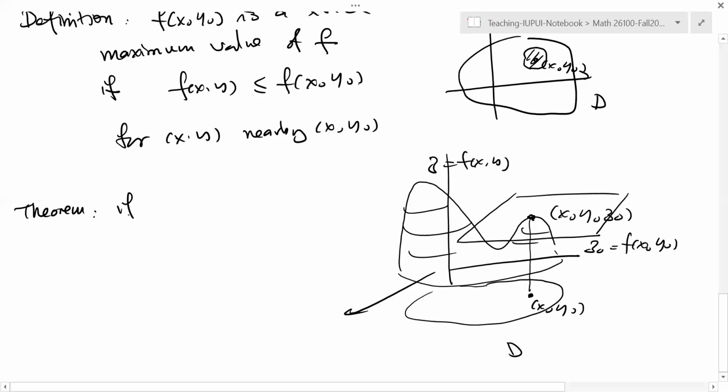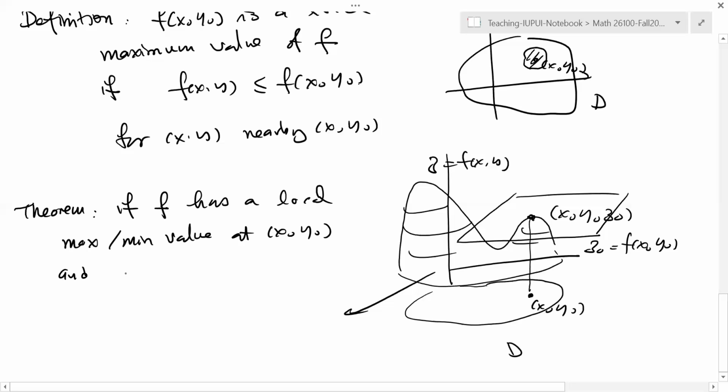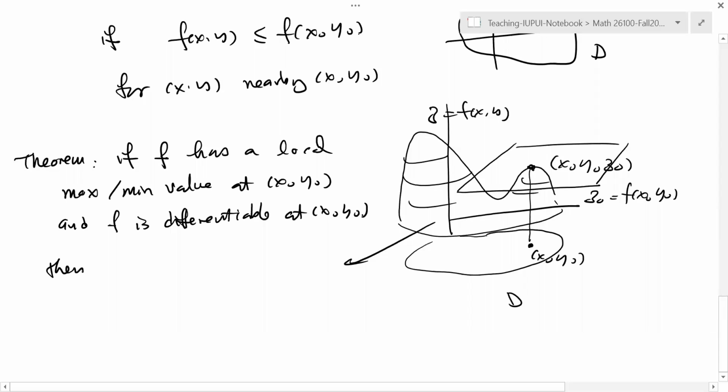If f has a local maximum or minimum value at this particular point, and we also assume f is differentiable at that point, then this is a necessary condition: the tangent plane at that particular point must be horizontal.